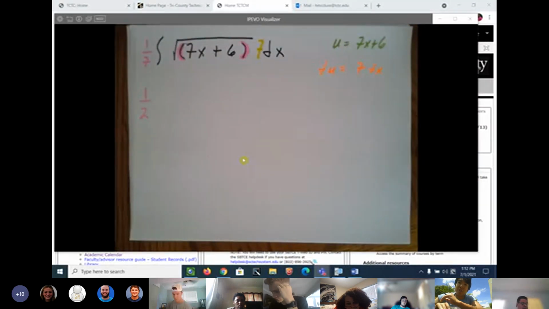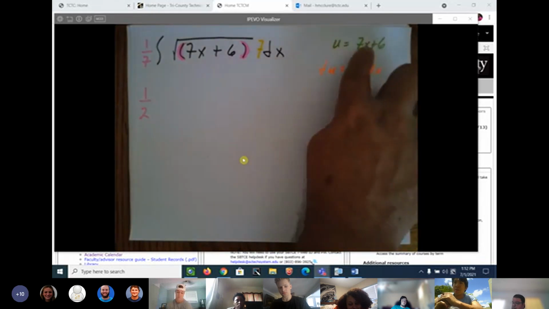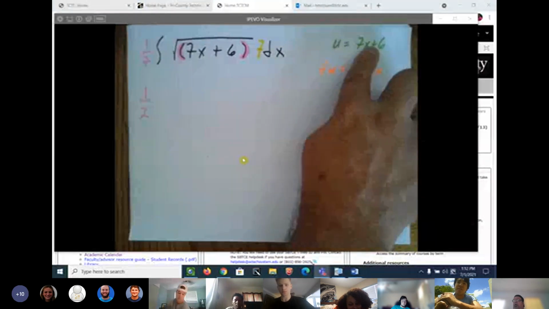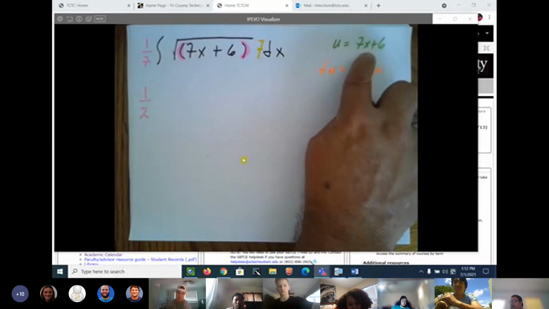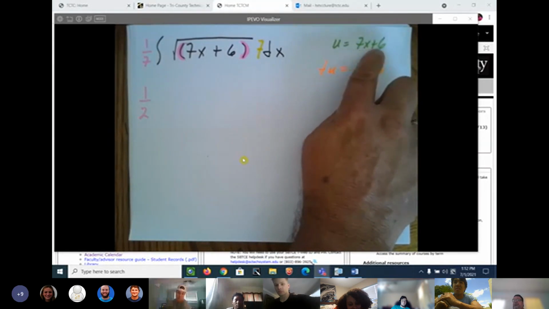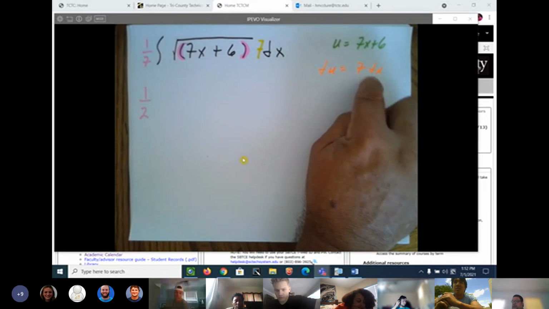So I have a question about du. Is it always going to be the coefficient of x? Like, for instance, u is 7x plus 6, so the coefficient of x, is it always going to be the du? Well, sometimes I might have u is equal to x squared plus 3, and du would be 2x.